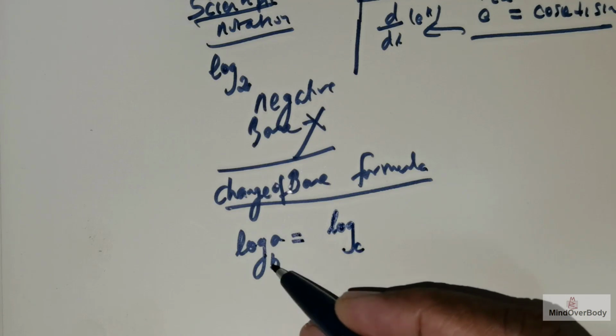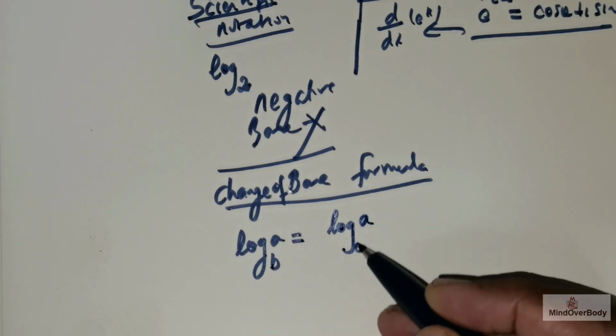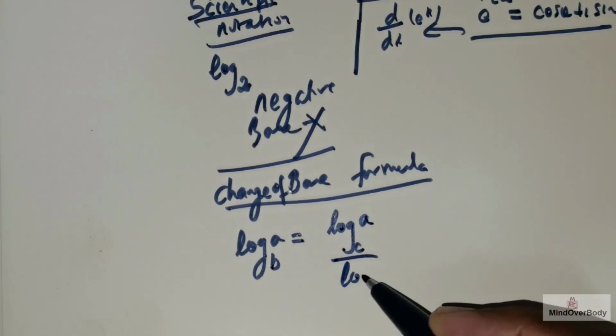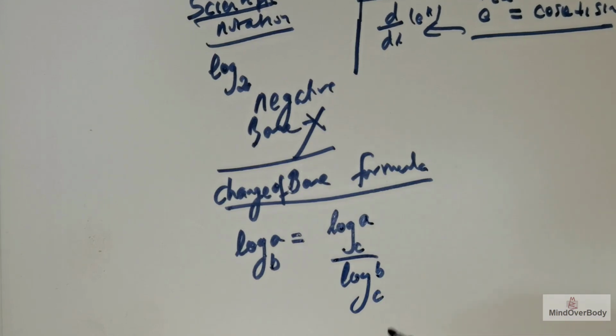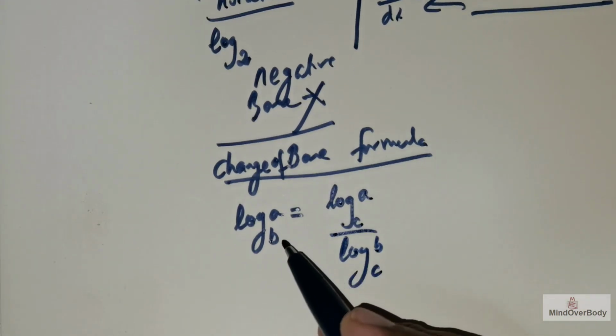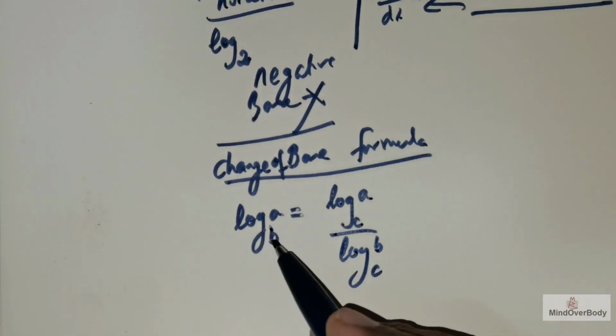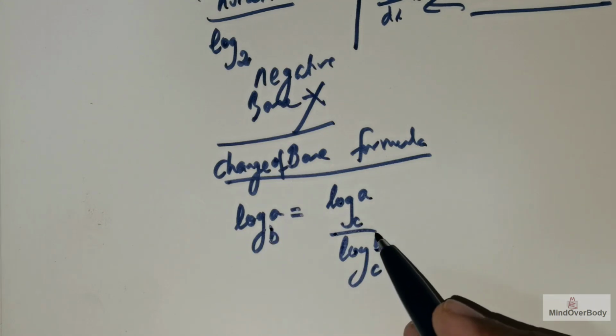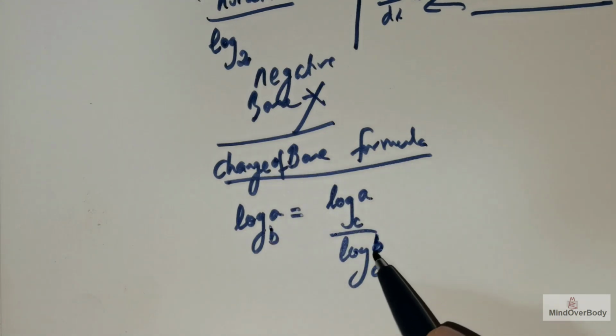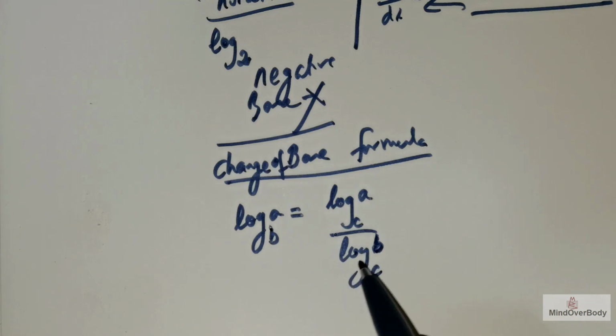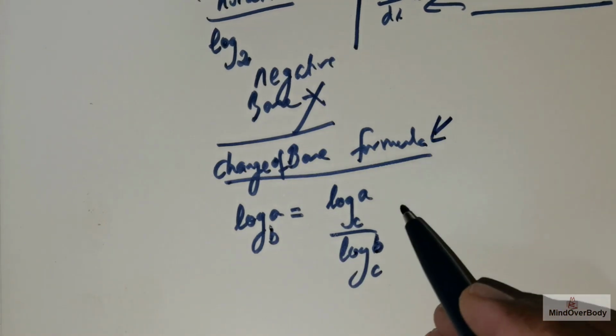I can rewrite log a to the base b as log a to the base c divided by log b to the base c. Now, you have to observe here that the base is now being featured as a quantity on which a logarithmic function operates. So that is the power of the change of base formula.